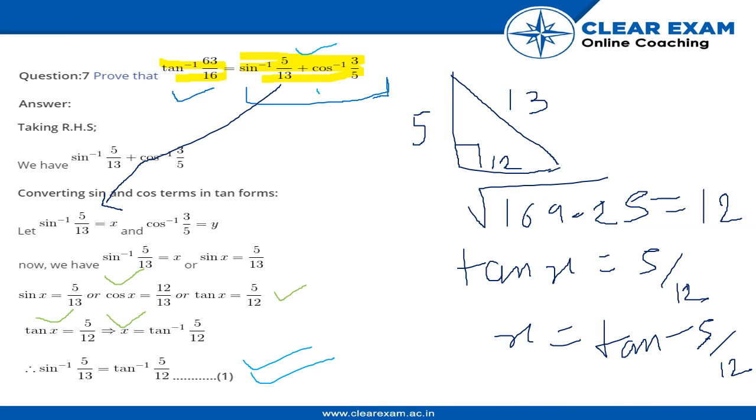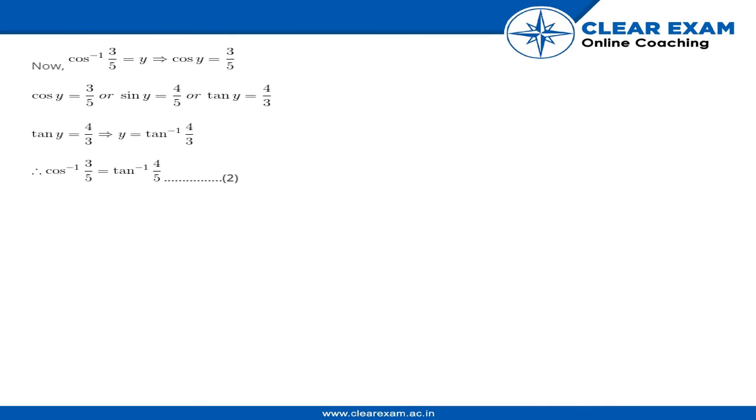Now moving to the next term, cos inverse 3 by 5. So how do we convert this into tan inverse? Let me show you with the triangle approach again. This is a right angle triangle. Cos inverse 3 by 5 means this side is 3 and this is 5.